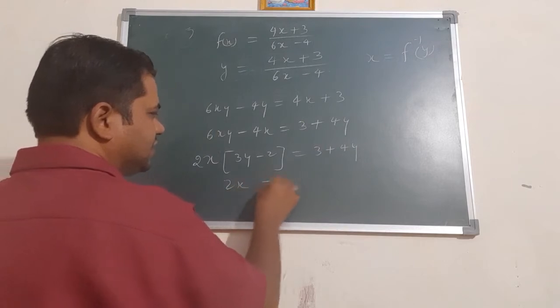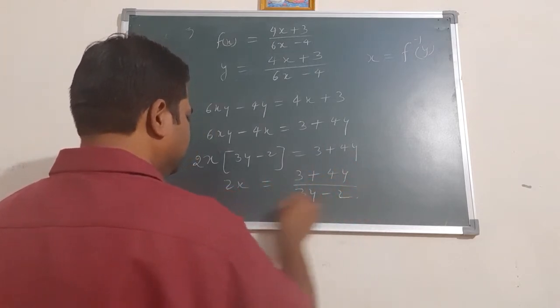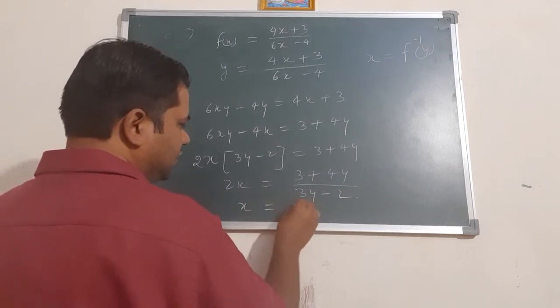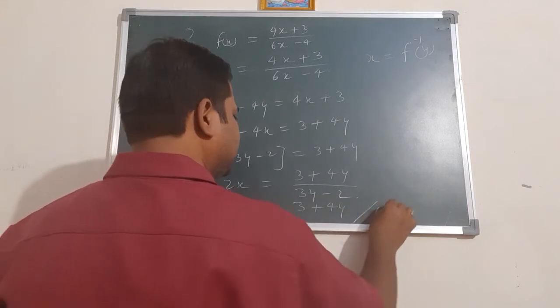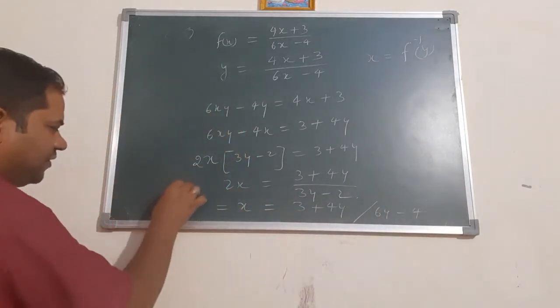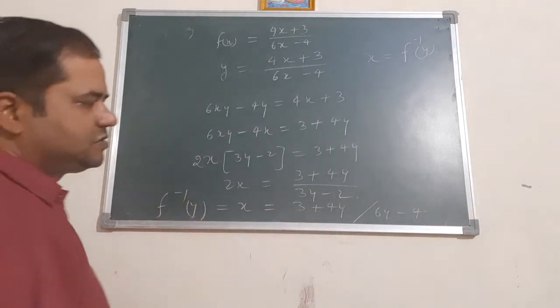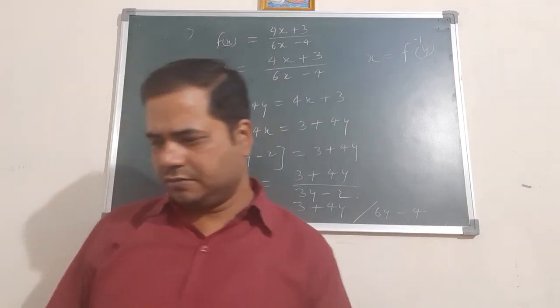So 2x is nothing but (3 + 4y) divided by (3y - 2). So x is nothing but (3 + 4y) whole divided by (6y - 4). And x is nothing but f inverse of y. So this is the inverse of the function. So note it down.